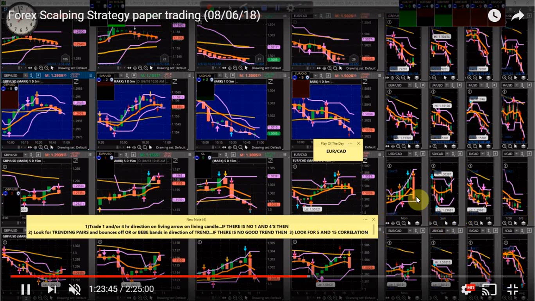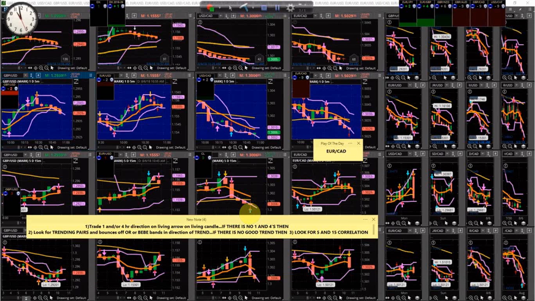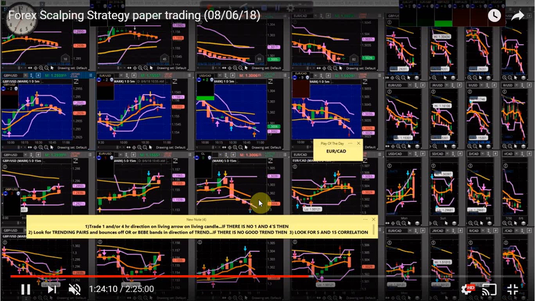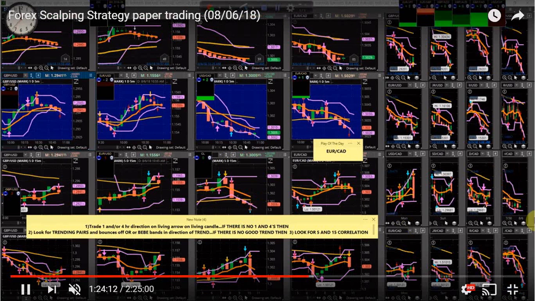Basically, if it broke the band, you're looking at it to go back the other way for so many pips, and then just trade like that. So from 38.37, oh wee. That's like a 25 pip move right there. And the trend was down.